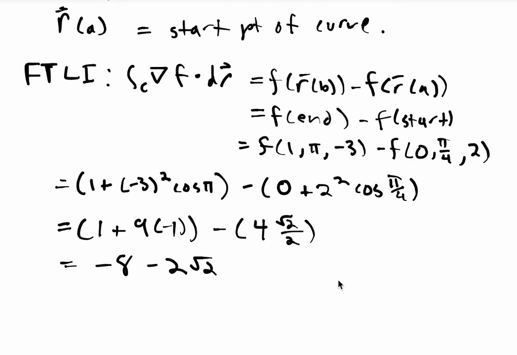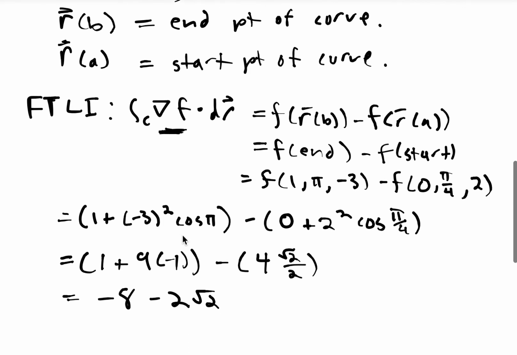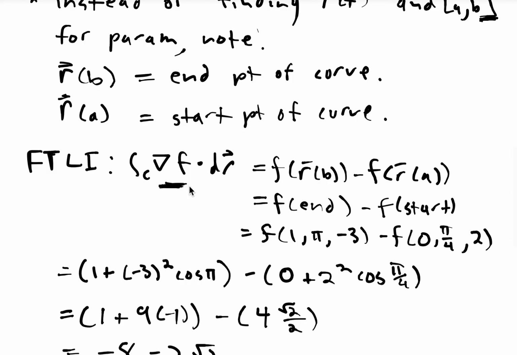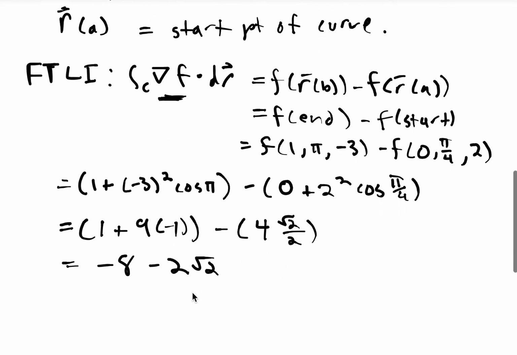Notice we actually didn't find a parameterization, because knowing that we were integrating something conservative, things are path independent. If these are independent of path, the path doesn't matter. You don't have to find the parameterization; you just need to know where you start and end.